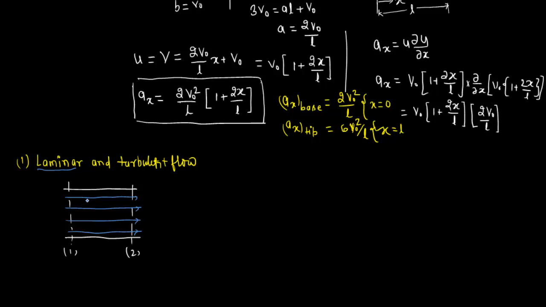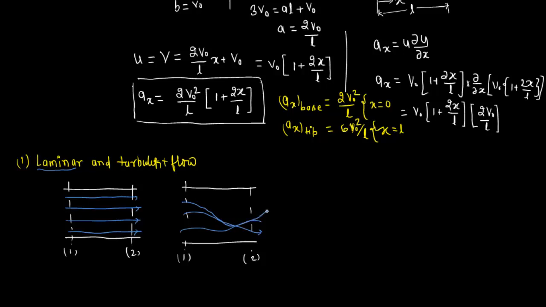So whenever the fluid is flowing in layers, we say that the flow is laminar flow or viscous flow or streamlined flow. But again, let's consider these two plates, station 1 and station 2 here, and suppose the fluid is not flowing in layers. In this case the fluid layers are going to be intermixed here.